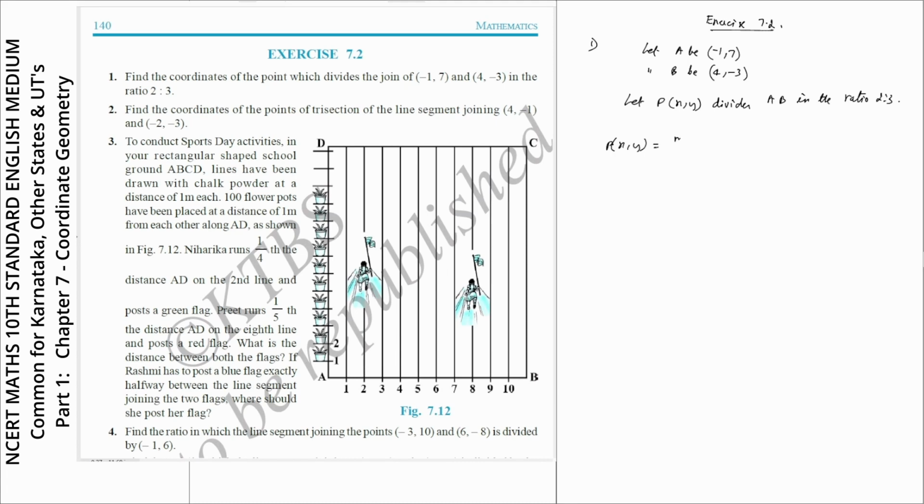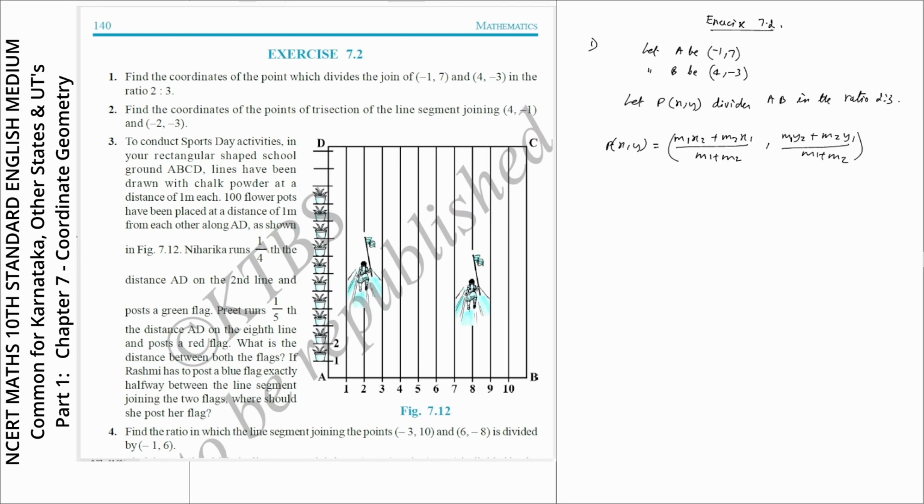Section formula is, first write the formula: m1 x2 plus m2 x1 by m1 plus m2, and the y coordinate is m1 y2 plus m2 y1 divided by m1 plus m2.